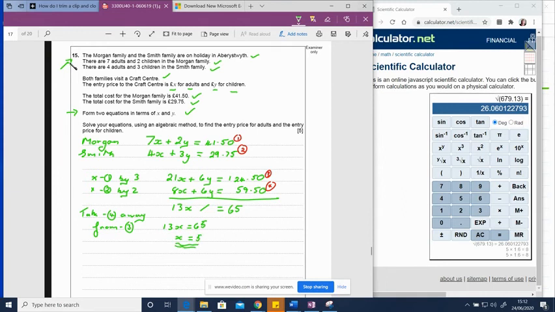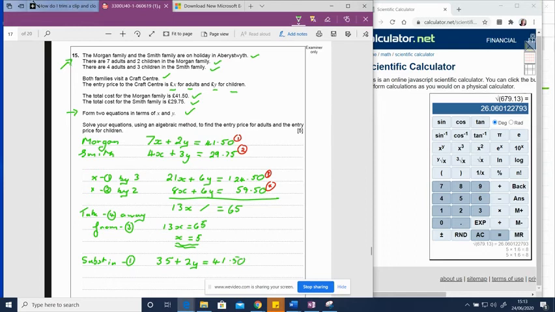Now if I know x is equal to 5, I can substitute the value of x back in equation 1 to find the value of y. So I'm going to substitute x equals 5 in that first equation. So 7 times 5 is 35 plus 2y is equal to £41.50.